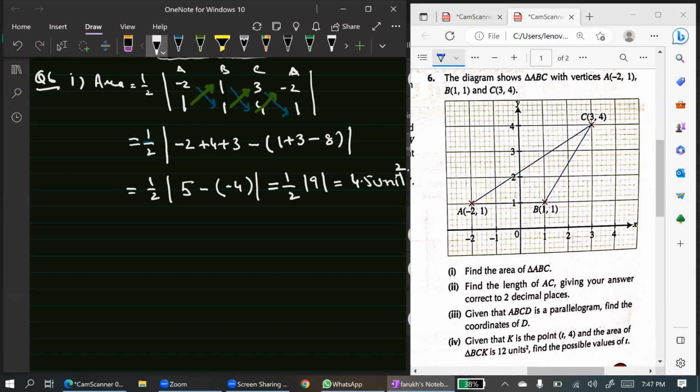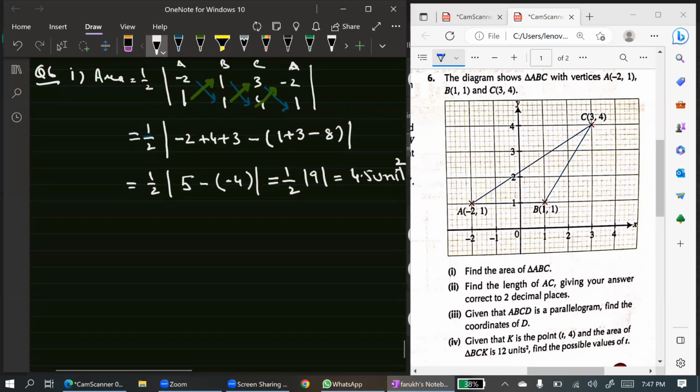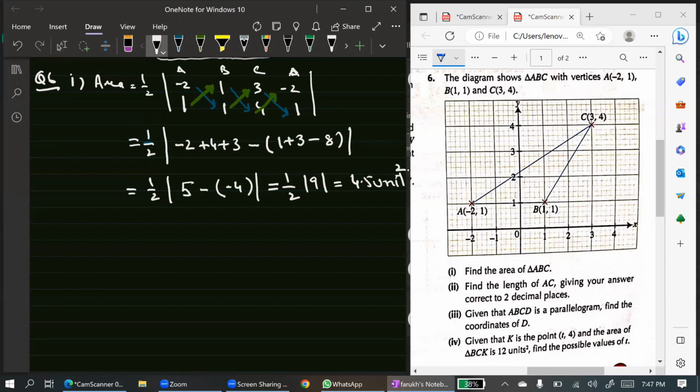This one is the answer to part number 1. Now part number 2, is there any confusion? No. Now part number 2, find the length AC.